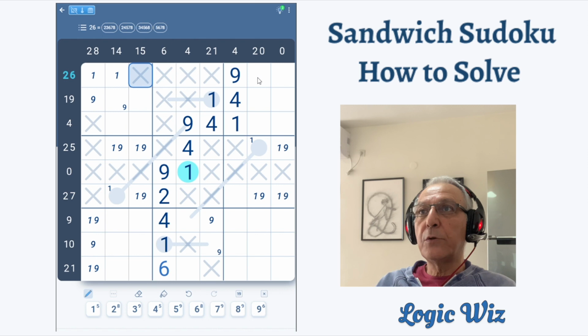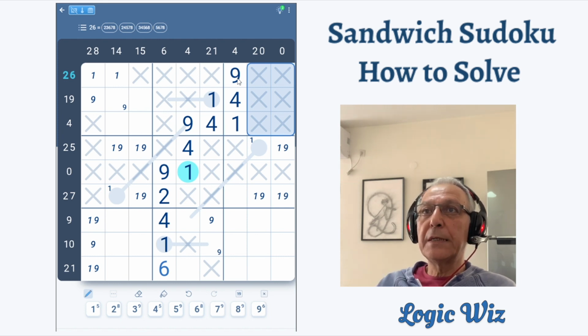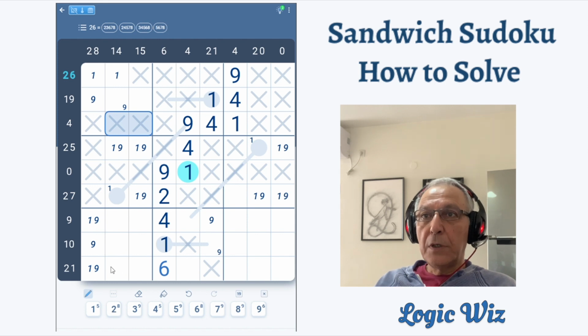But basically we know right now that the rest of this box is excess, cannot have the 1 and 9 because we have already 2 in this box. We know that here we cannot have 1 and 9. I'm putting here excess as well. And of course those two locations can no longer have 1 and 9.